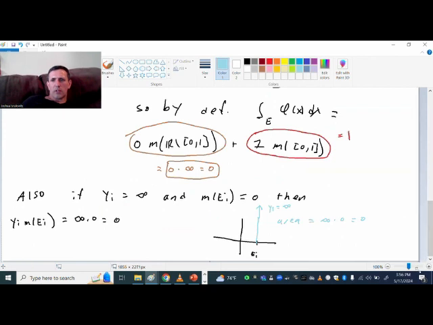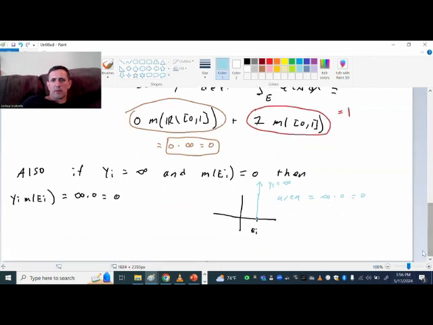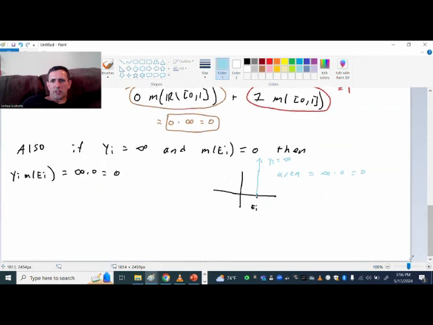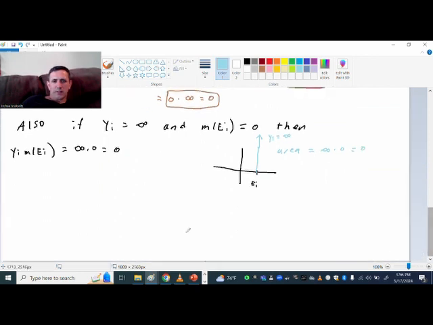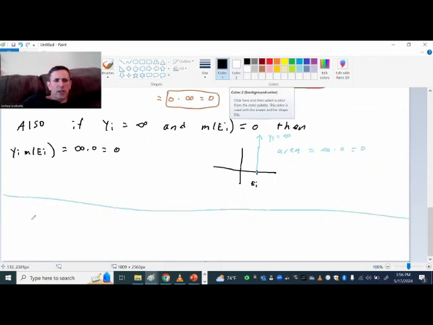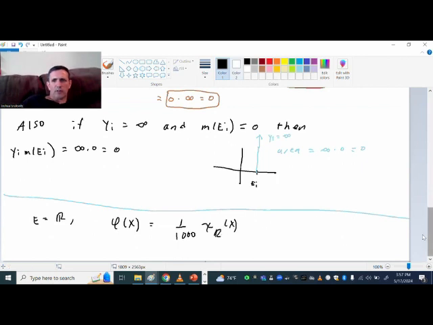So for example, let's say E is again the real line. And let's say my simple function is something silly like 1 over 1,000, something really small, times the characteristic function of, let's say, 0 to infinity.